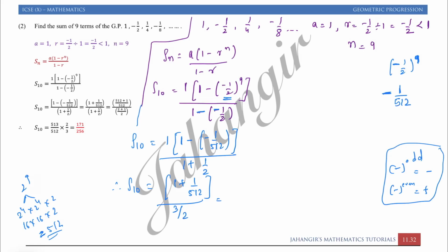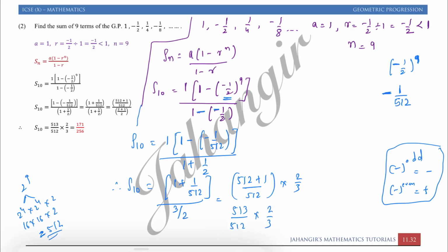So taking LCM in the numerator, you will get 512 plus 1 upon 512, and in the denominator you can take the reciprocal, that will give you 2 by 3. So here you will get 513 upon 512 into 2 by 3.